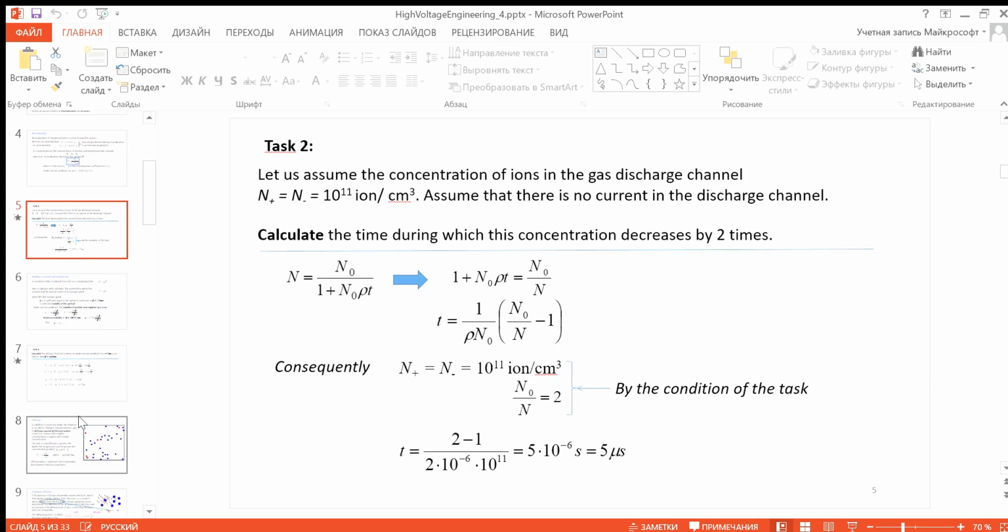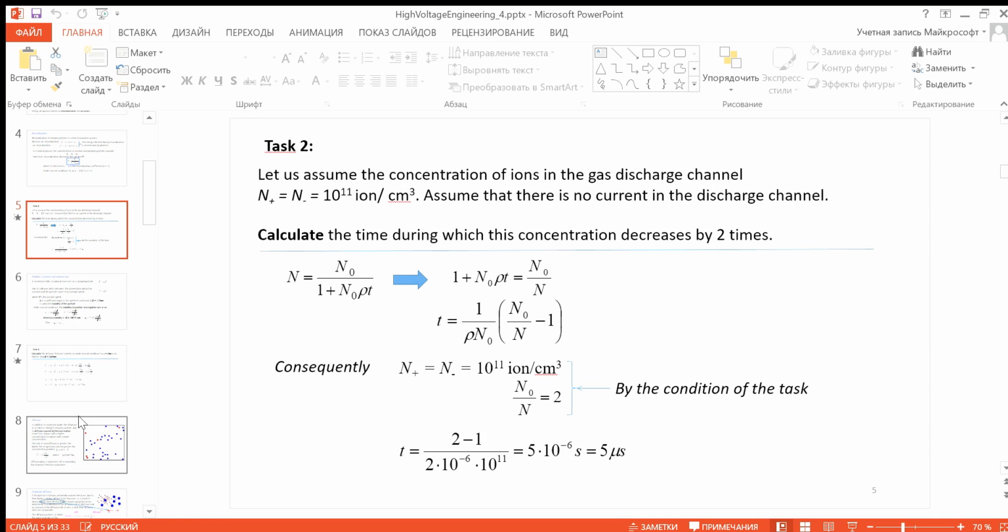Let's solve a simple problem with this expression in order to estimate the characteristic lifetime of a plasma without an energy source that supports ionization.